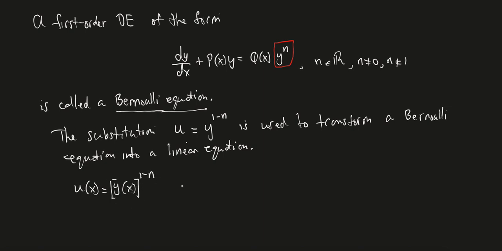Now, if I wanted to figure out what y is, some basic algebra will tell me that in order to isolate y, I need to raise both sides to a certain power. What is that power? It would be the reciprocal of this. So right away, just using algebra, y of x is equal to u of x raised to the power 1 over 1 minus n.